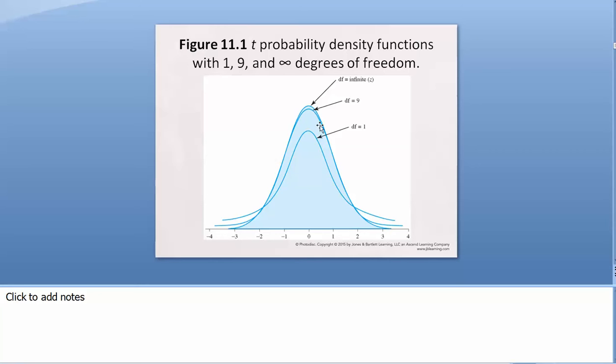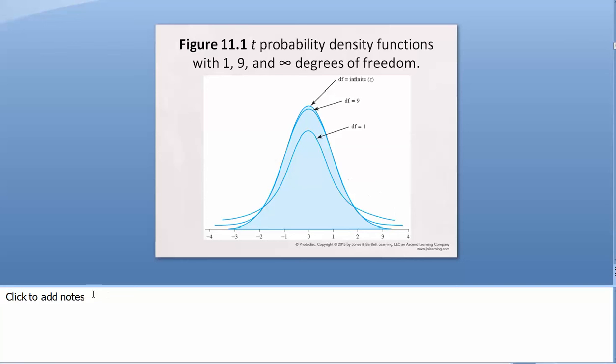What this picture is telling us is, as you increase the degrees of freedom, this curve gets closer and closer to the Z curve, which is a standard normal curve with mean 0, standard deviation 1. In other words, if you have a really large sample size, t and z are pretty much the same. So when the sample size is large, you don't have to use t anymore. You can go back to your z.